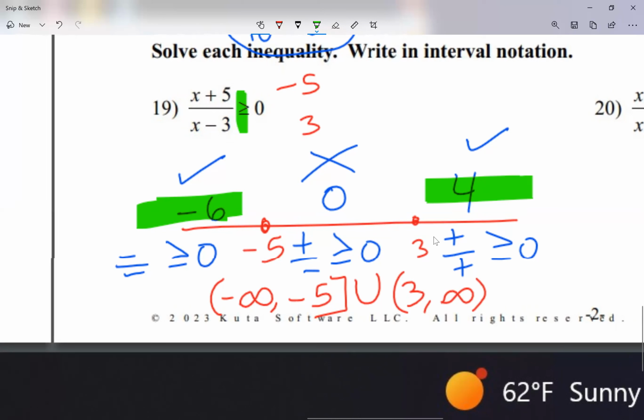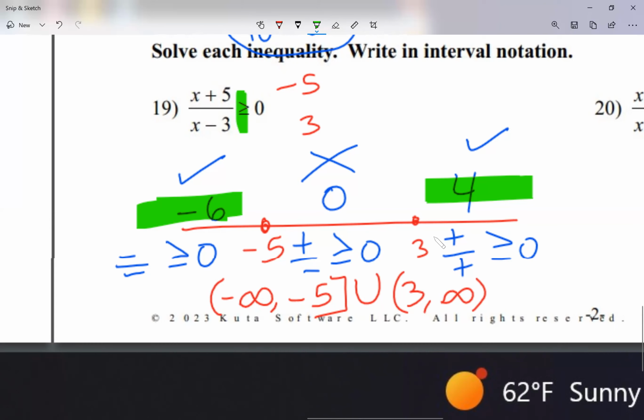So notice how the -5 made the top equal to 0, then put the bracket on the -5. Not at the 3, because the 3 makes the bottom equal to 0. So the bracket only for the number that makes the top equal to 0. But the inequality has to have the or equal to part.